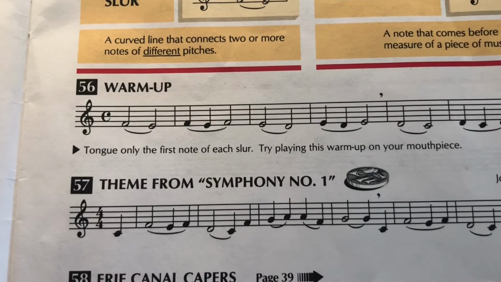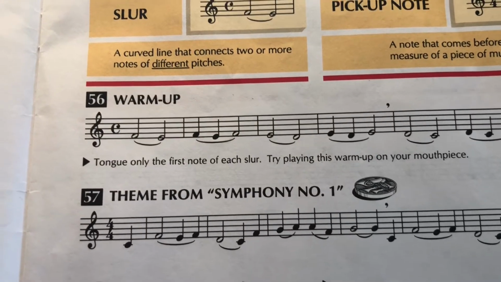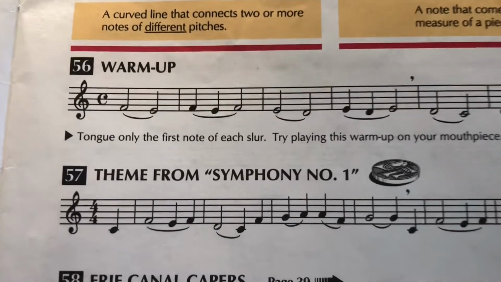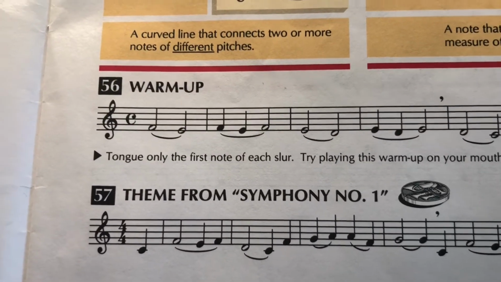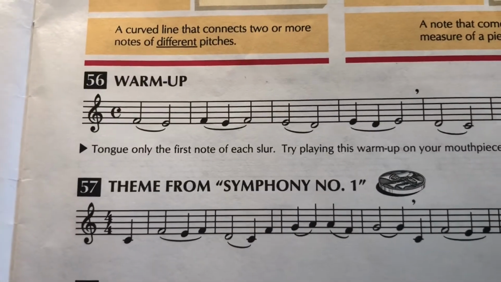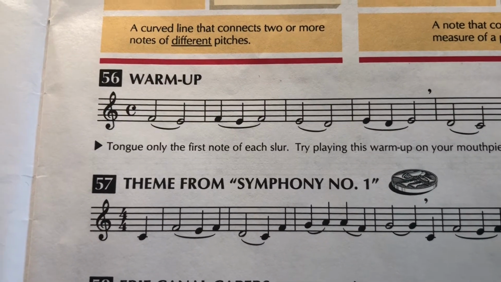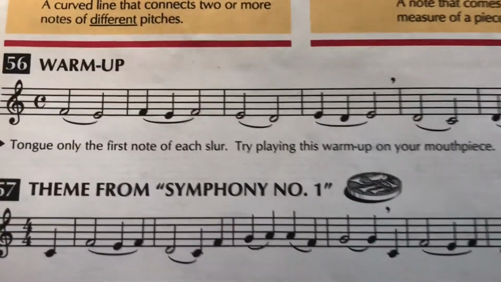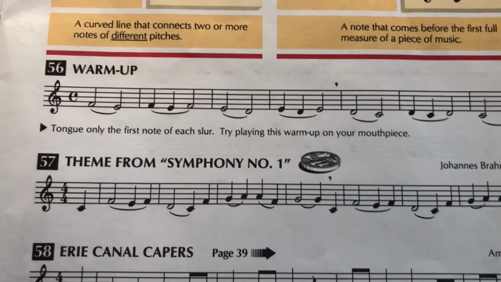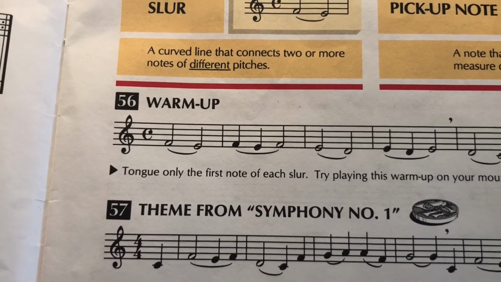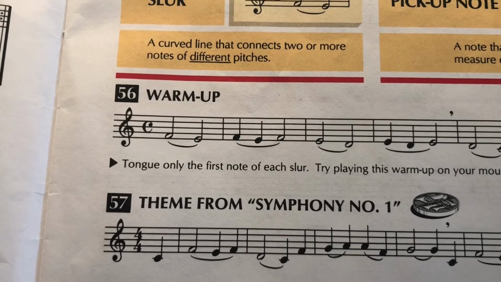Here's an example of separated. Here's an example of slurred, which is what the articulation direction shows us. Now, slurring, you always start with the tongue on the first note, but all of the notes included in the slur mark you would not tongue.